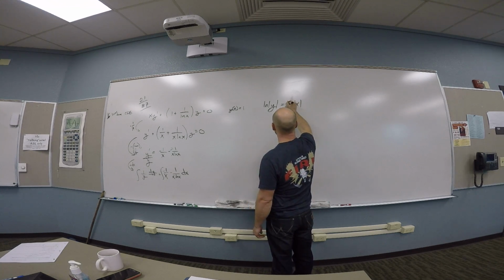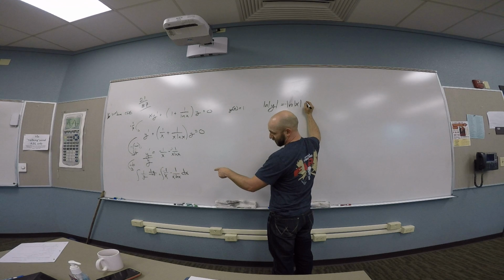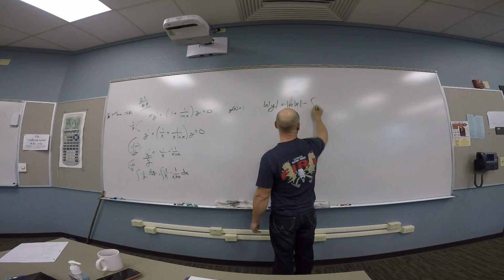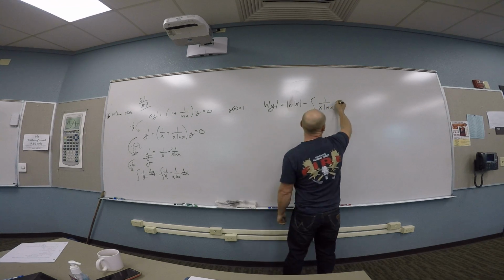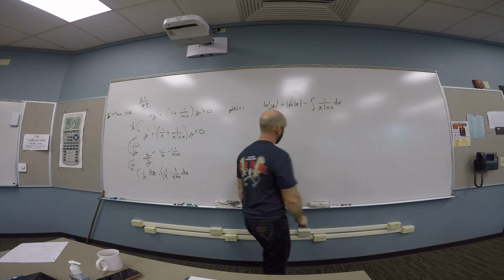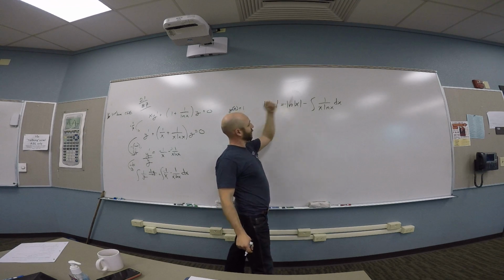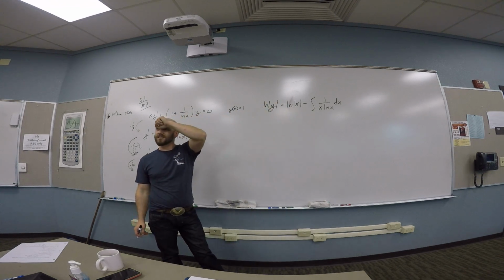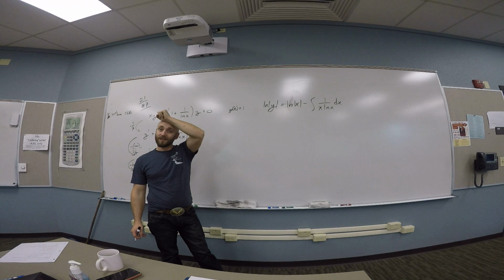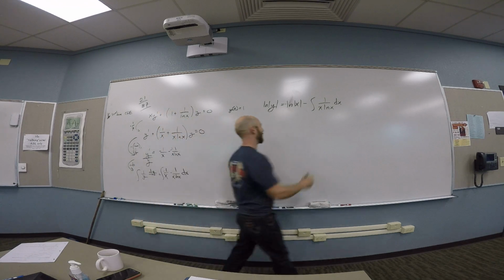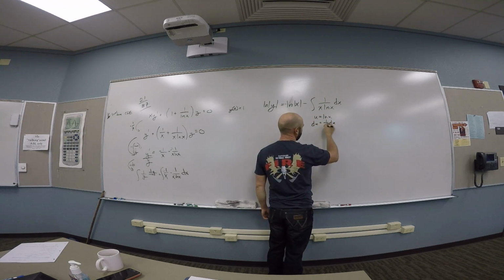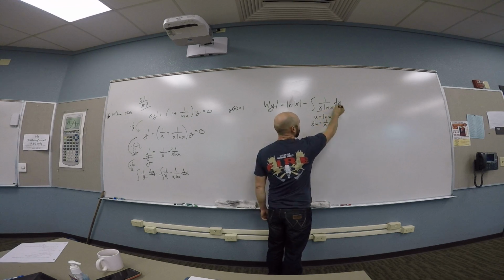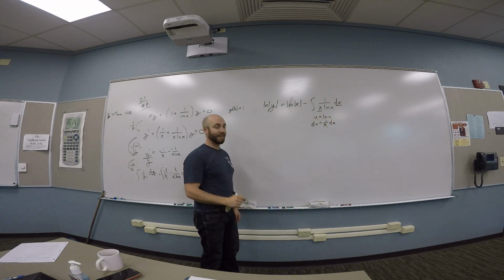And the other one, how do you do the integral of 1 over x log x? Let u be log x, then du is 1 over x dx. Hey, it's in there.